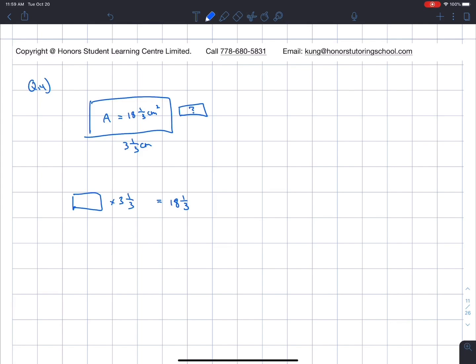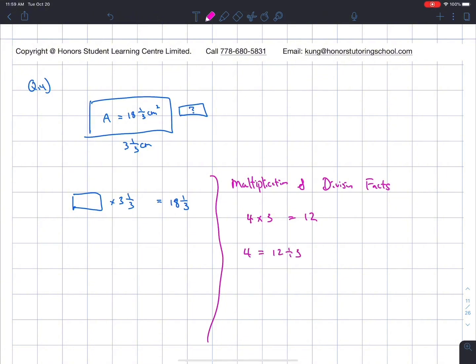So I want you to recall your multiplication and division facts, which you learn in elementary school. If someone tells you that 4 times 3 equals 12, you can also say 4 equals 12 divided by 3, right?